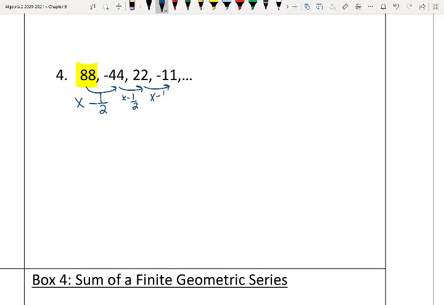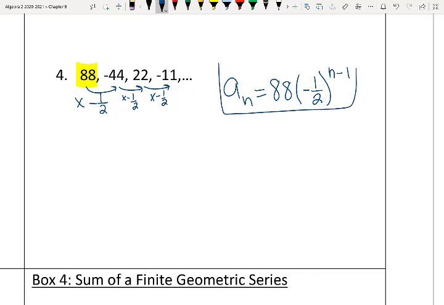Positive 22 times a negative 1/2 is negative 11, and so on. So our equation, a sub n, should be 88, that's our a sub 1 value, times negative 1/2 to the n minus 1. And that is our rule for the nth term of that sequence.